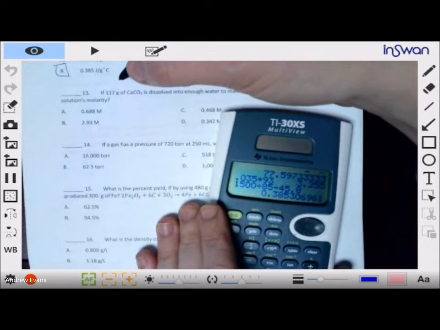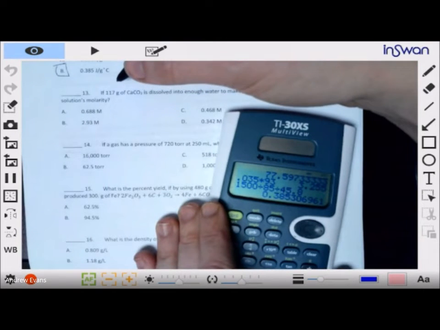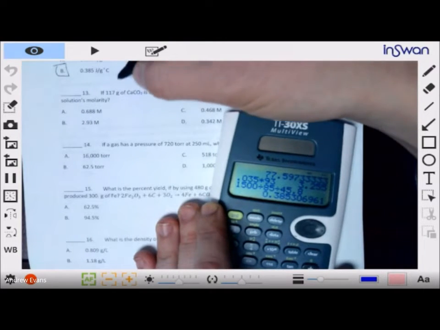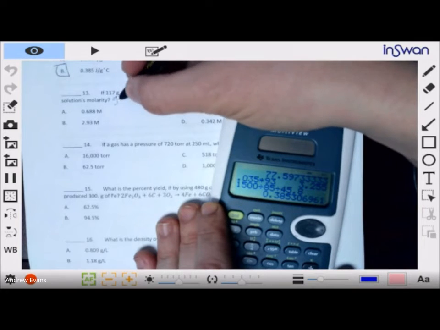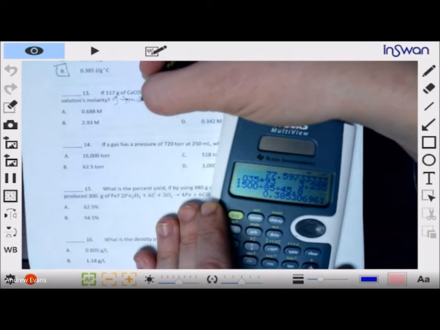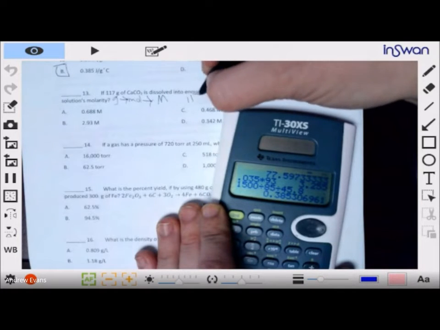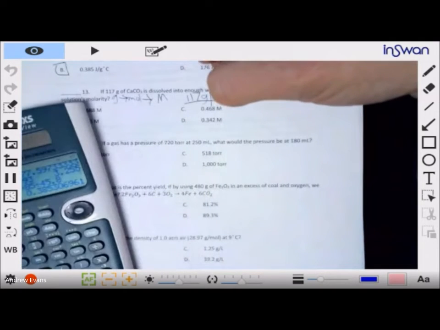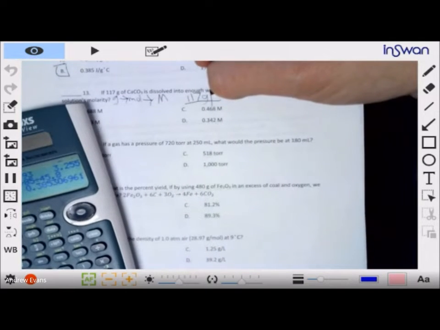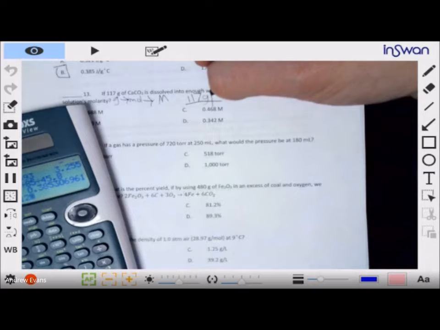117 grams of calcium carbonate is dissolved in enough water to make a 2.5 liter solution. What is the solution's molarity? Here we're going grams to moles to molarity. First things first, 117 grams. We've got to turn this to moles. Calcium, if I'm not mistaken, is 40. Carbon is 12. Oxygen is 16.